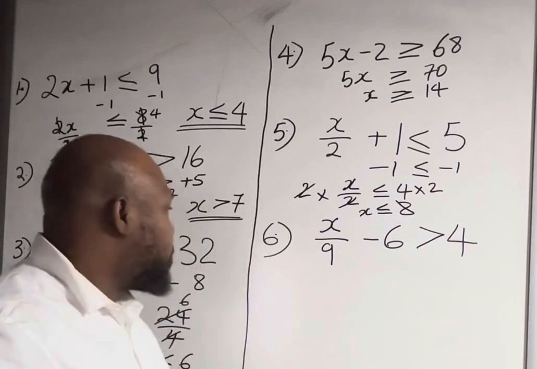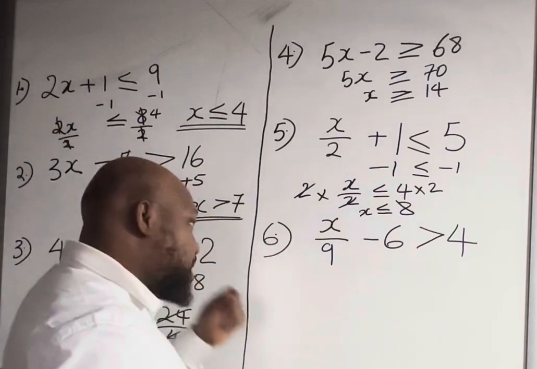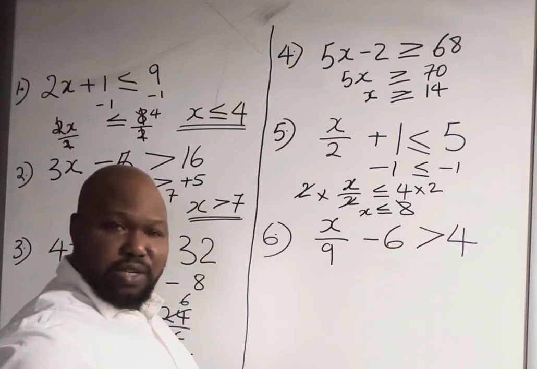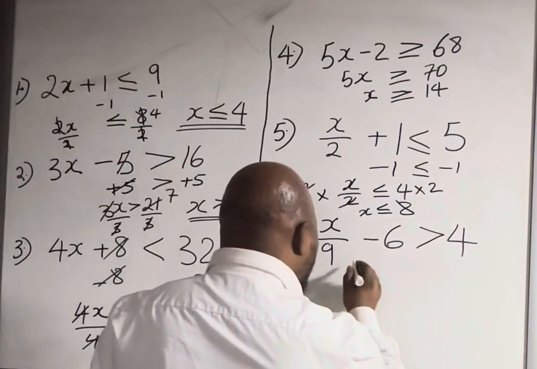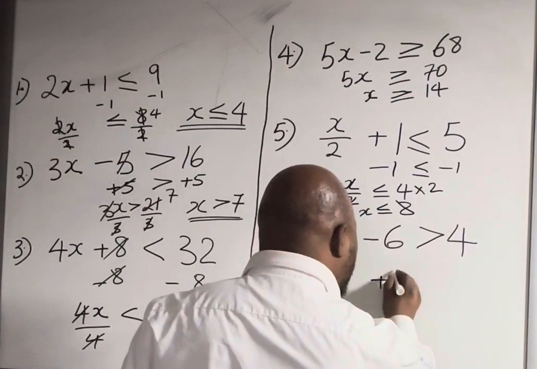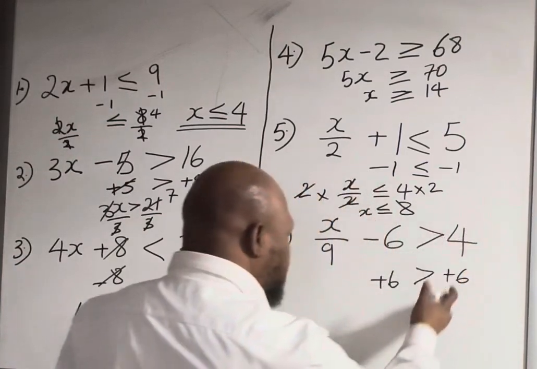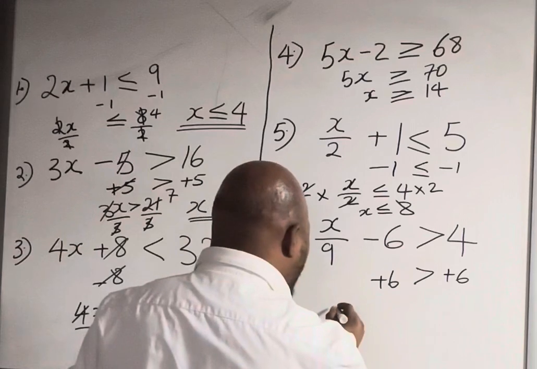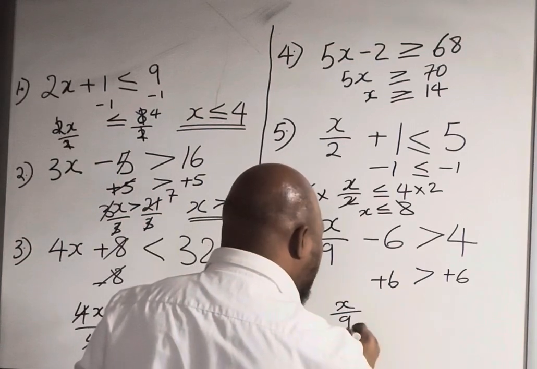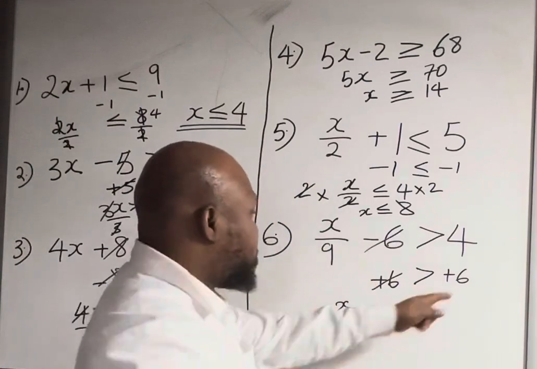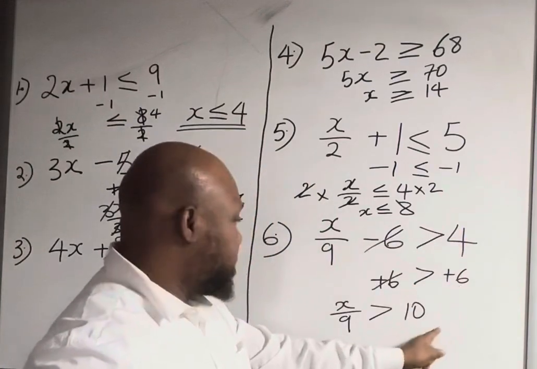Okay, so let's see if you got it right. In this case, first of all, you add 6 to both sides. So when you do that, you have x over 9 is greater than 10. This will cancel out. 4 plus 6 is 10.